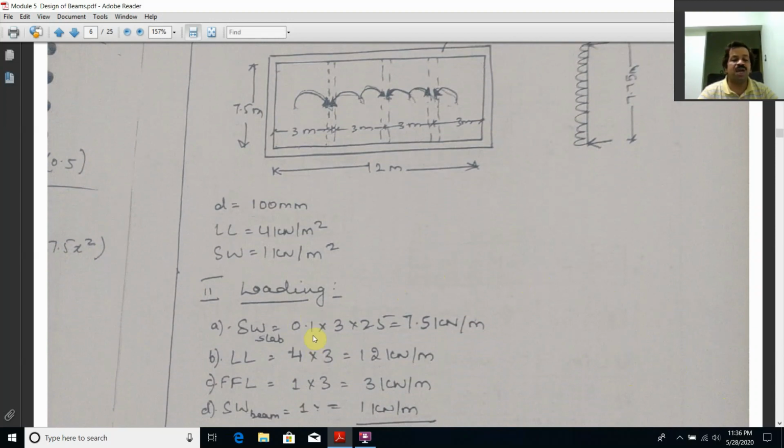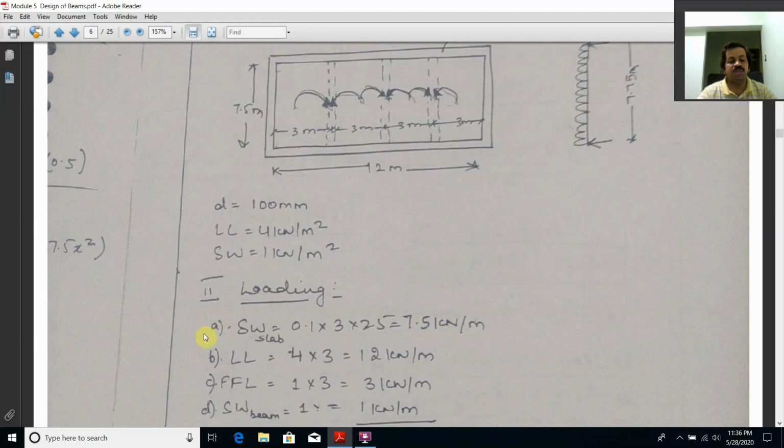The thickness of the slab is 0.1, into half of this 1.5 plus 1.5, which is 3, into the density of reinforced cement concrete, 25. Hence 0.1 into 3 into 25, you get 7.5 kilonewton per meter.